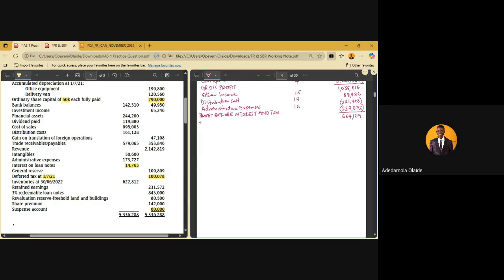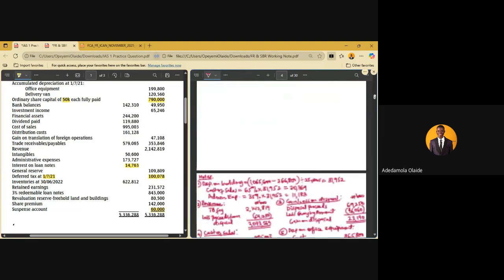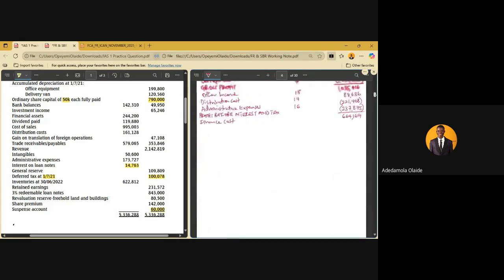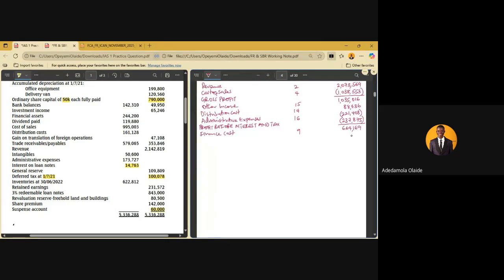Yes. Okay. The next thing is we bring our finance cost, which is what we have in our notes. Note 9, 41,096.